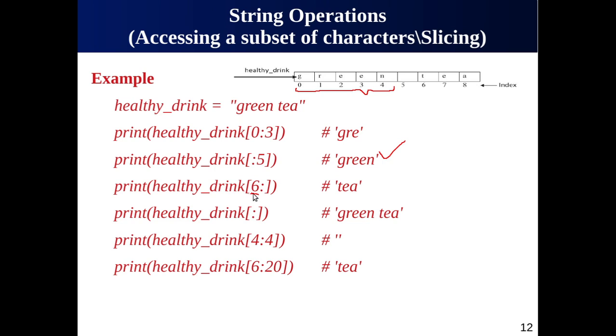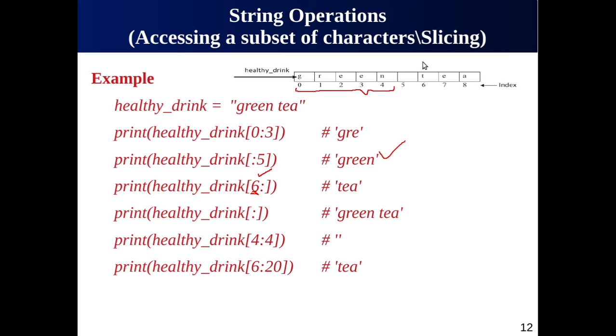Now I want to start from index 6, but the final value is missing. What will happen here? It will display all the characters after the starting point, which is 6.